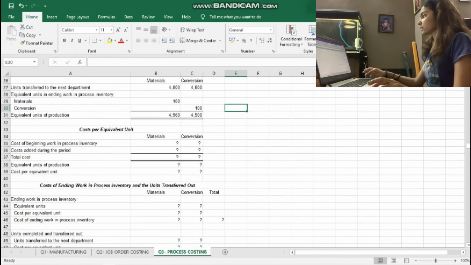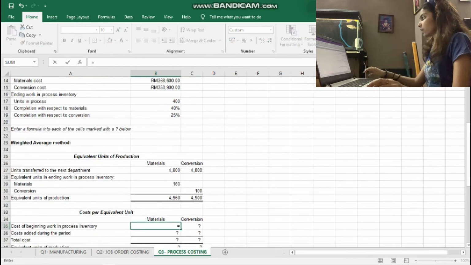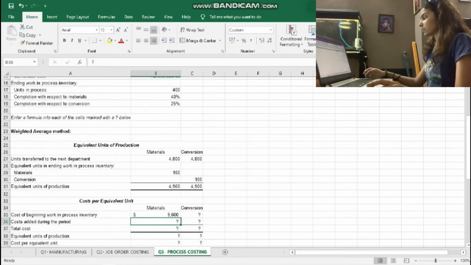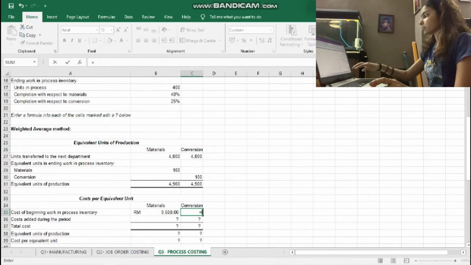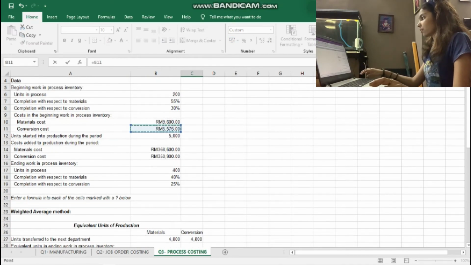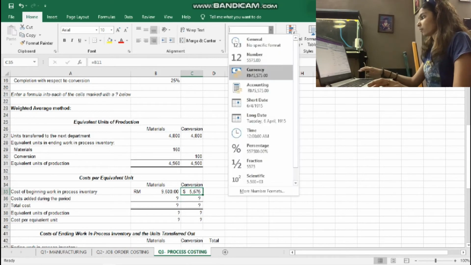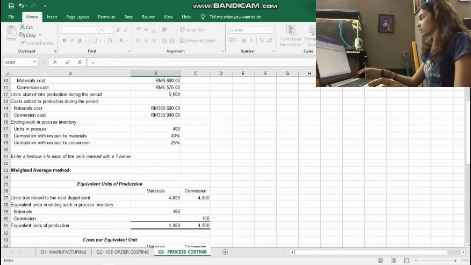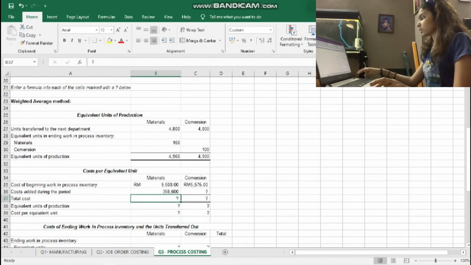Okay, so next is cost per equivalent unit. Cost of beginning work in process inventory is, materials cost is 9,600. For conversion, it's 5,575. Okay, next is cost added during the period. Material cost 368,600.